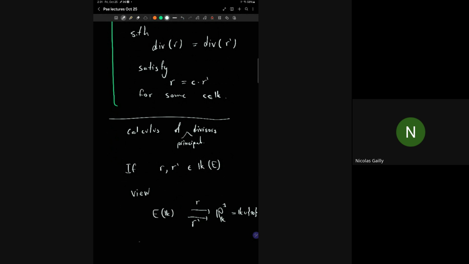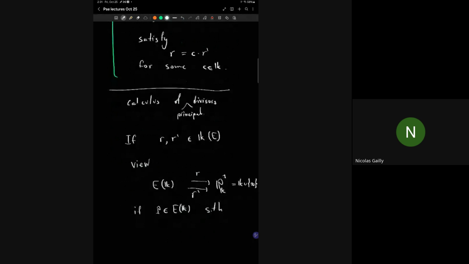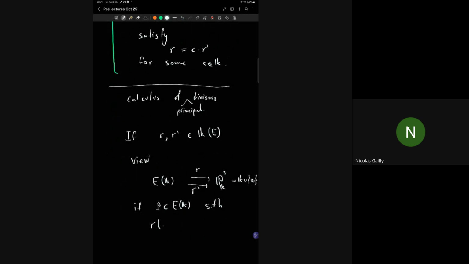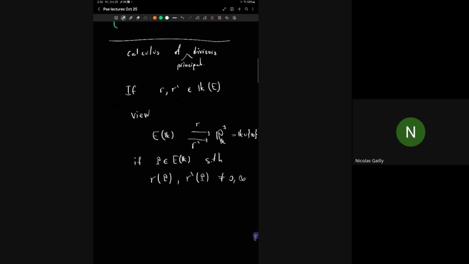So let's say P is on E of k, such that R of P and R prime of P are not zero or infinity. There is a slightly more precise formulation, but let's say this will definitely be true.